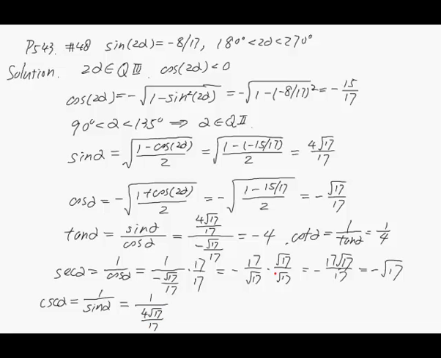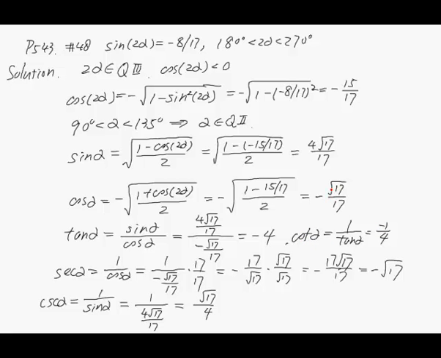And then next, you can simplify this, then you get root of 17 over 4. Done. Right, since the cotangent is equal to 1 over the tangent alpha, I forgot the negative sign here. So it should be negative 1 over 4. Thanks.